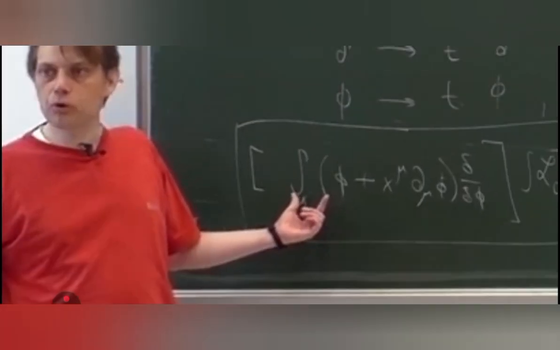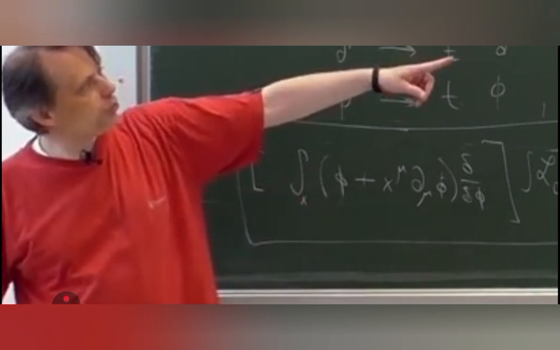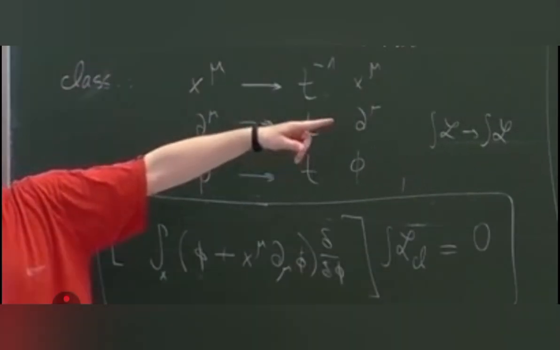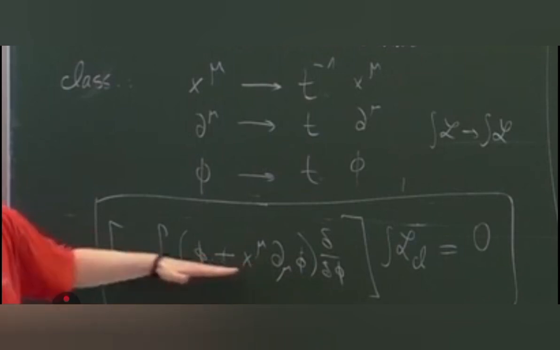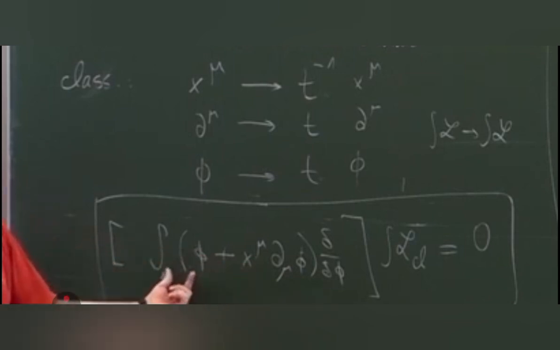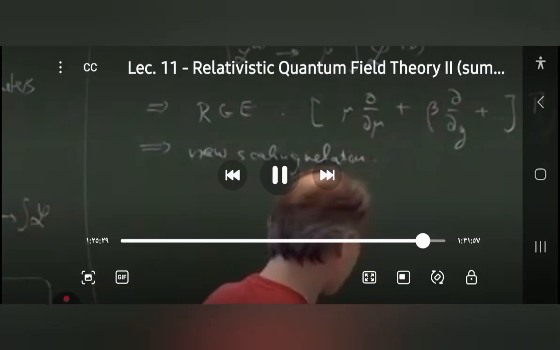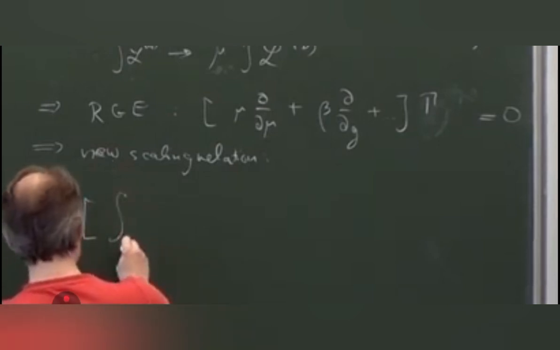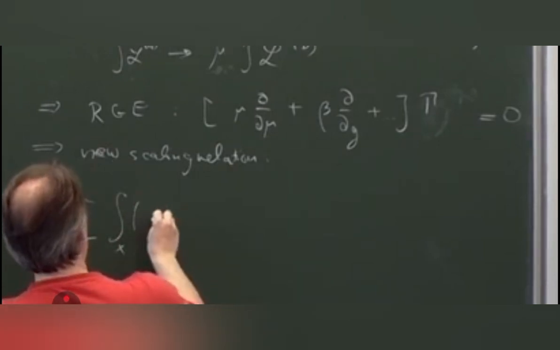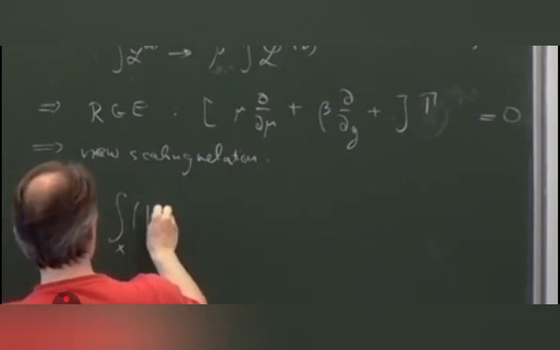But the derivative with respect to mu we can eliminate by using the renormalization group equation. And then we obtain a relationship that looks like this without the derivative with respect to mu, but there will be something else introduced, namely, for example, the derivative with respect to g. And so let me write down the full result just to see it. We have here the same differential operator.